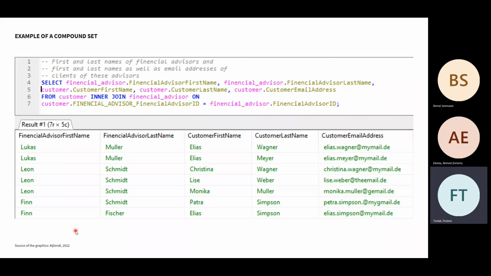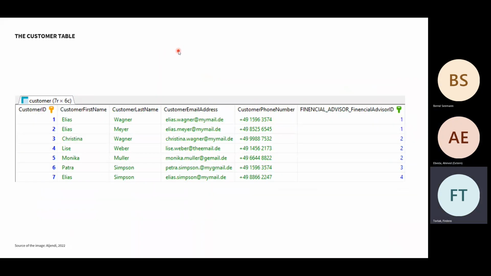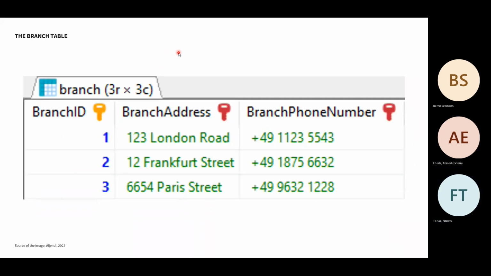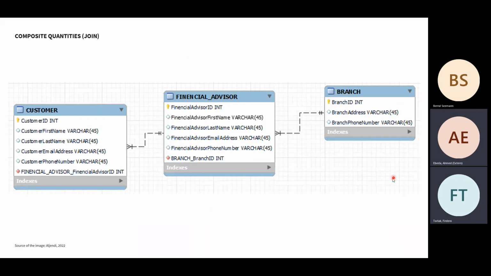Before you start this, can I ask a question? Previous picture? The one before, with the tables with the relation. Yeah, this one. For example, between branch and financial advisor, this is with a dash. I just want to understand it correctly.